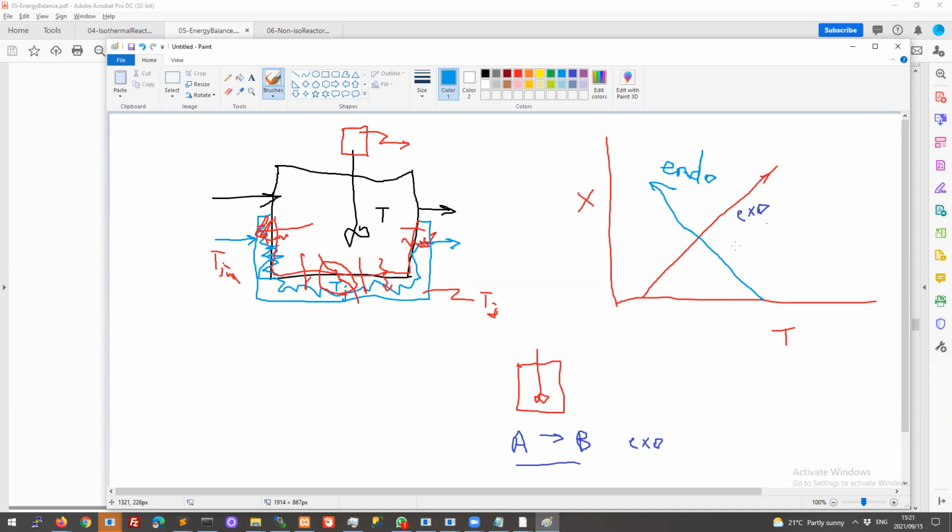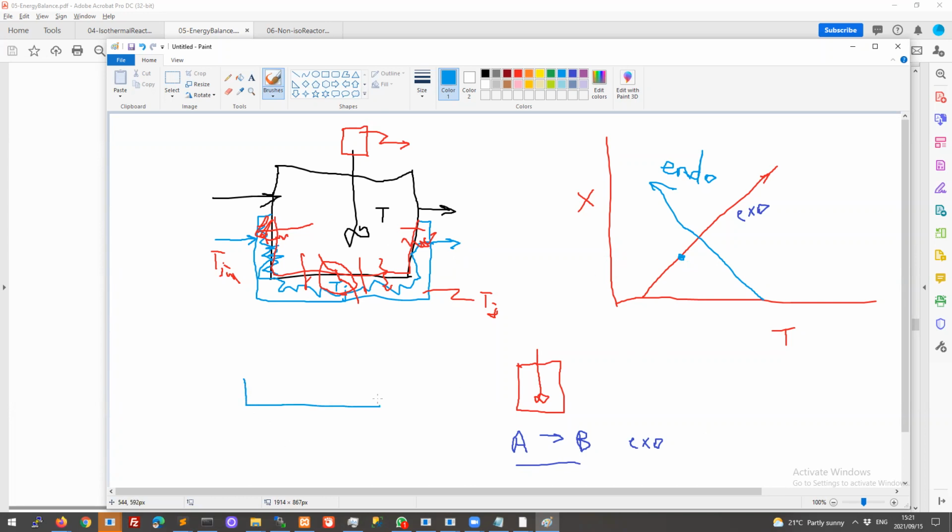The other thing to think about is that different points along this line refer to different extents of reaction. You could think of these as different steady states. If you have a steady state here, you could reach a steady temperature in, let's say, a CSTR, and that would be the steady conversion as well.